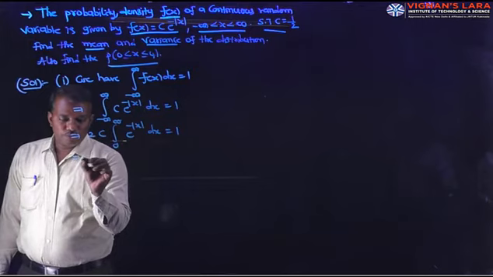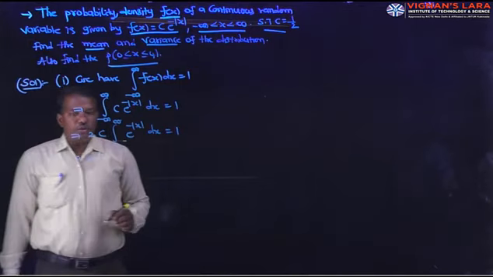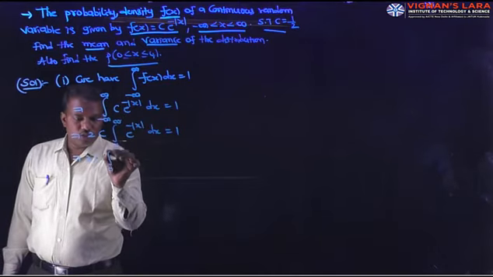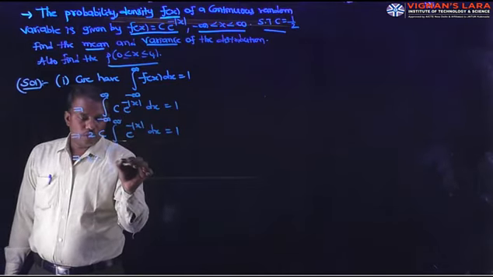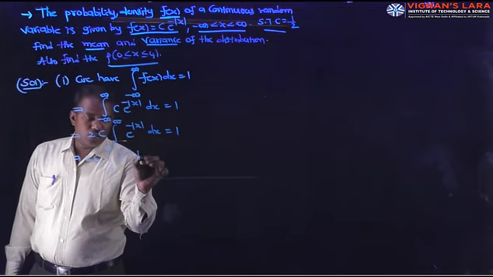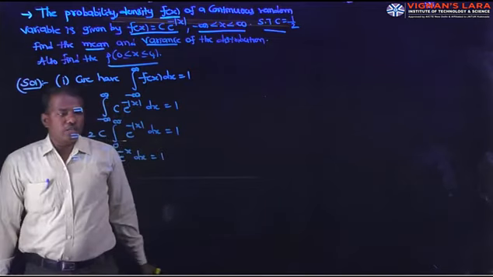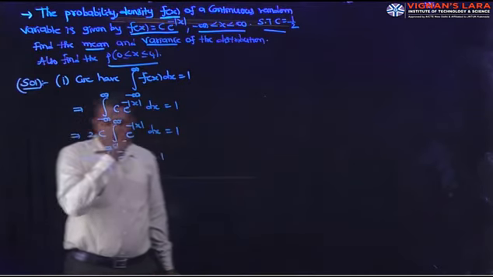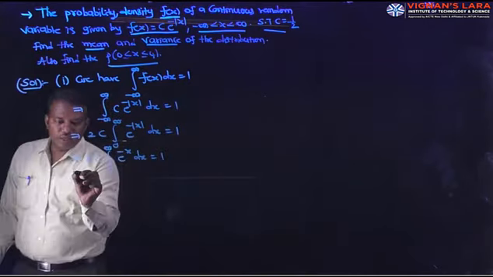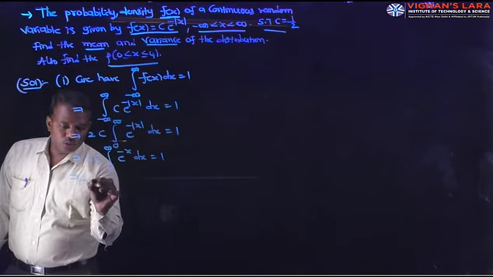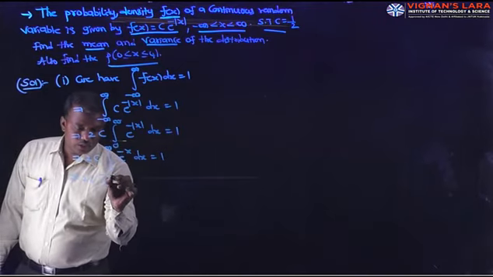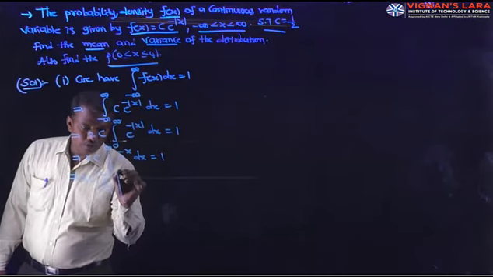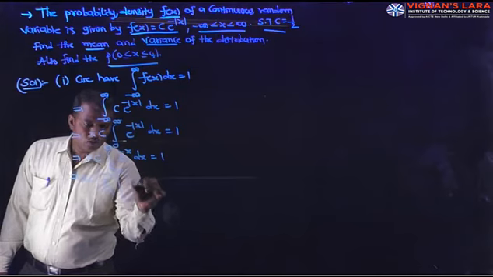In between 0 and infinity mod x is x, so 2c integral 0 to infinity e power minus x dx is equal to 1. Mod x is x in between 0 and infinity, since all values are positive. Integrating, 2c into e power minus x by minus 1 in between 0 and infinity is equal to 1.